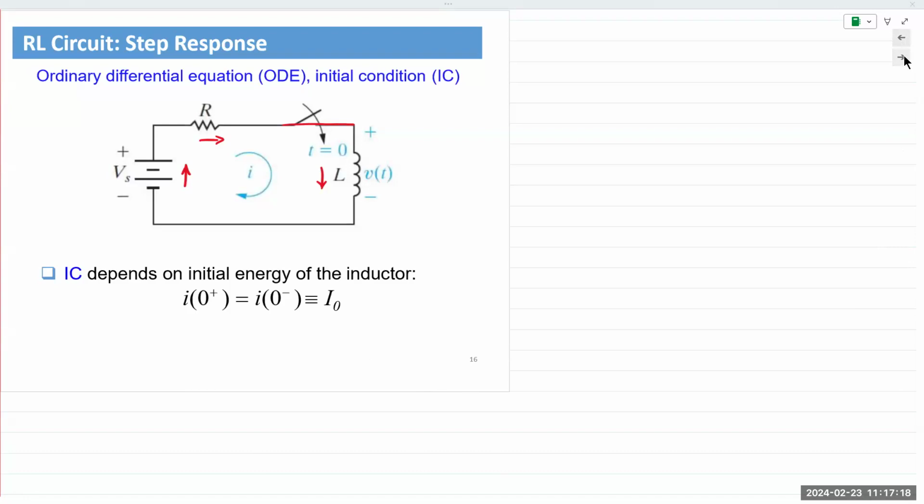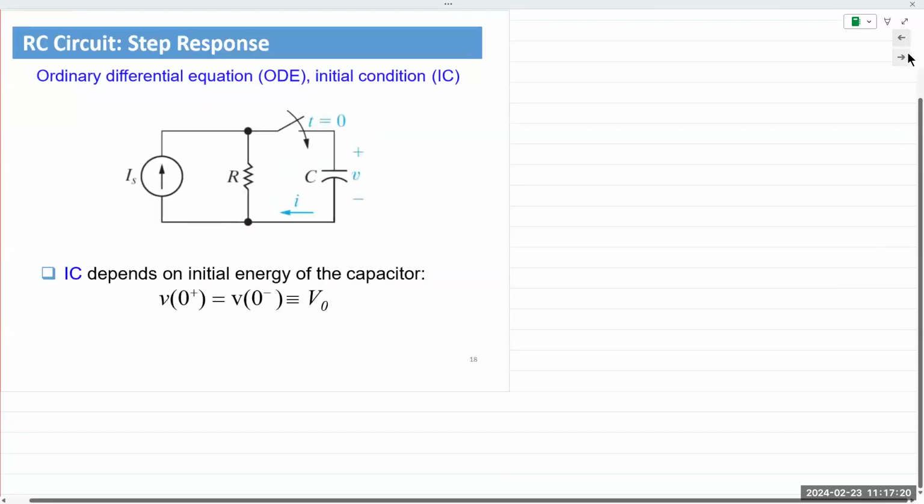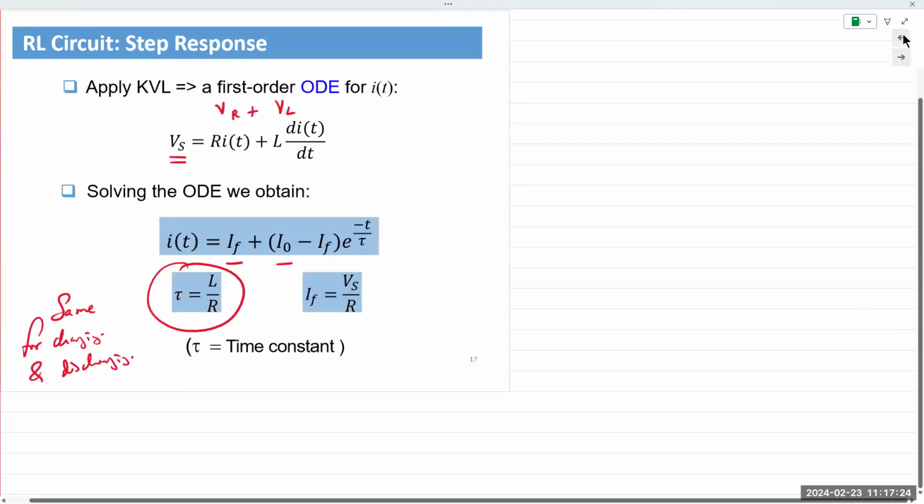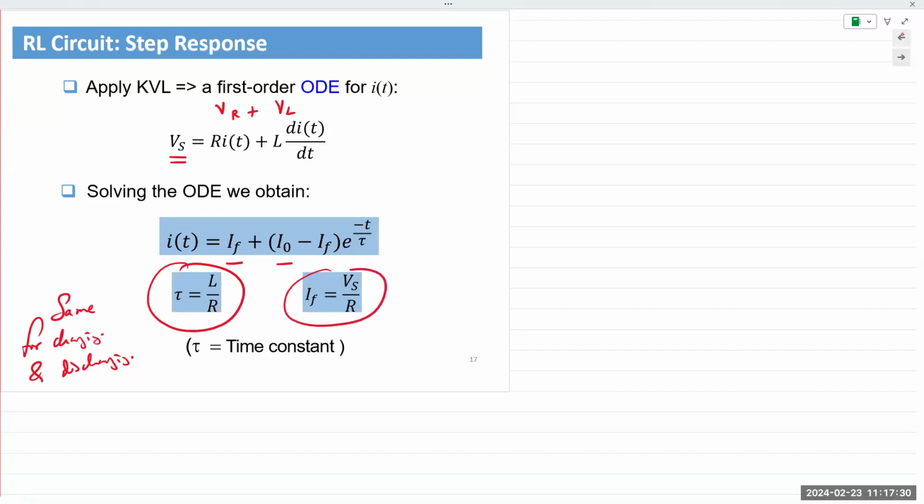Okay, so then let's look at the same response for a capacitor. Oh, one final thing, sorry. I chose current on purpose because we're writing a KVL, but we can determine the current by applying Ohm's law.